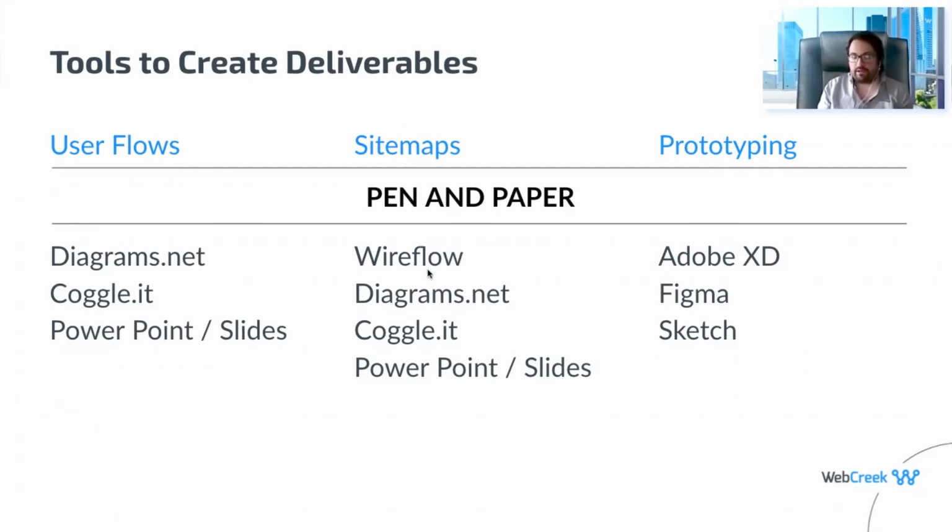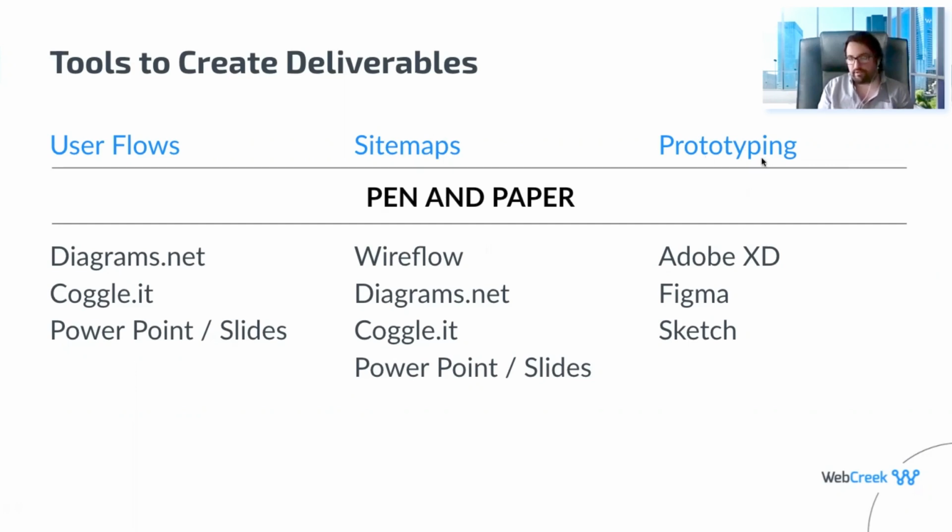There's a page called Wireflow that has a basic version, but I think this is like the most pretty one. I really like when some of the designers on the team use this one, because it's ready to present to clients. You know, you can show a sitemap and it looks really well. You can connect things. But in these three tools, you can use again to produce sitemaps as well.